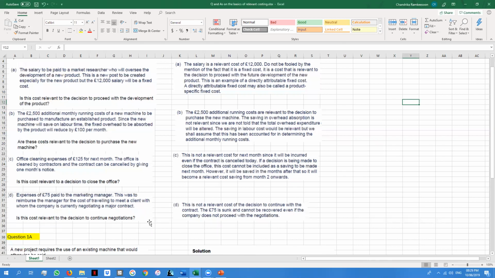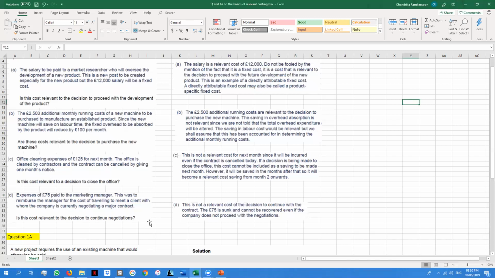All you need to do to figure out whether a cost is relevant or not is to consider whether the three conditions are there. Now, it may be an opportunity cost you're looking at. It may be an incremental cost, it may be some future cost, and it may be relevant.